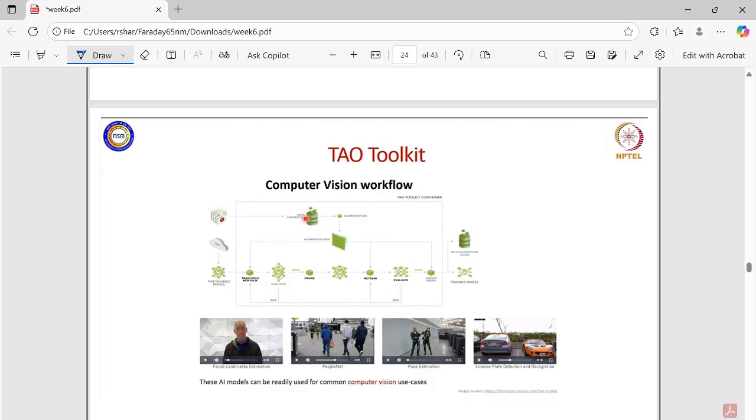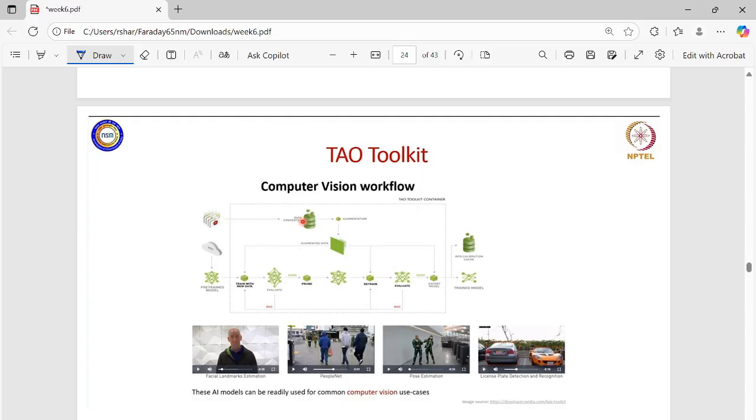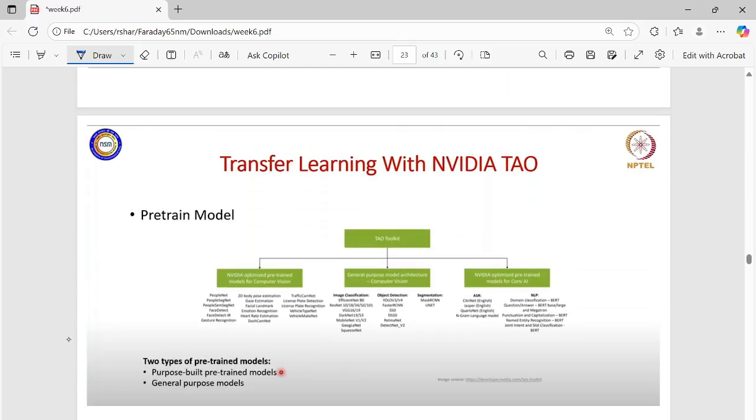So what is the workflow with TAO? We choose the pre-trained model. So the first step is the pre-trained model. Then we prepare the custom dataset.